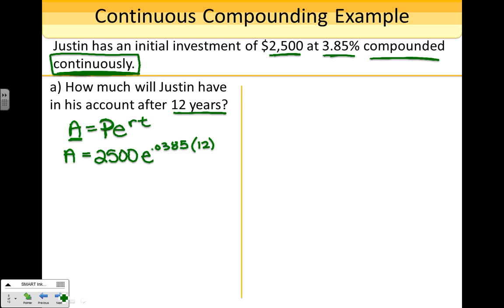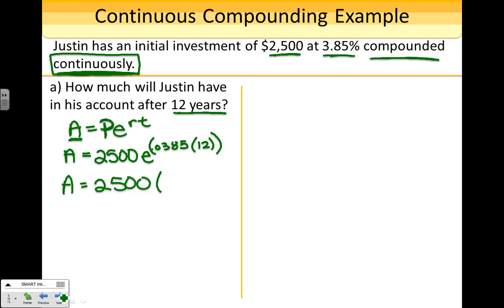Okay. So again, make sure you follow order of operations. 2,500 is not being raised to that exponent, only the E is. So you need to do exponents first. E raised to 0.0385 times 12. So when you put that in the calculator, E raised to, and then put parentheses, 0.0385 times 12.